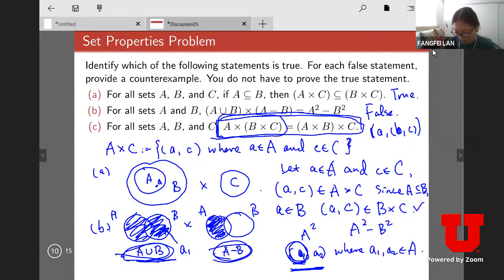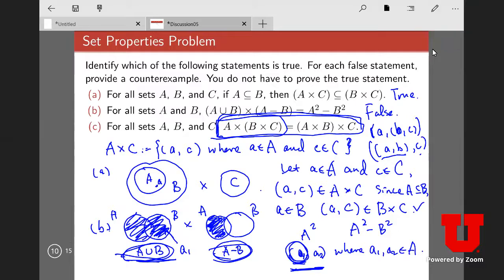But in the second set, an element would look somewhat like this: the first element is a tuple, the second element is a number. So can they be the same if we have elements inside that look very different from each other? No. Right, so the statement is false, just based on that, intuitively.